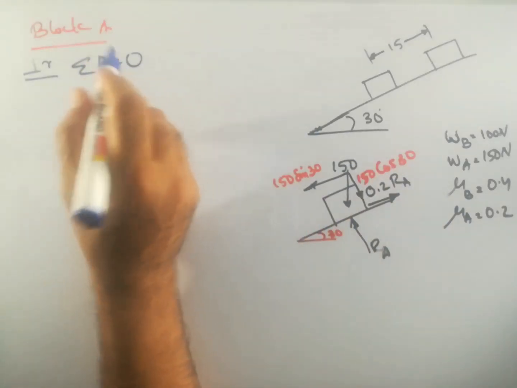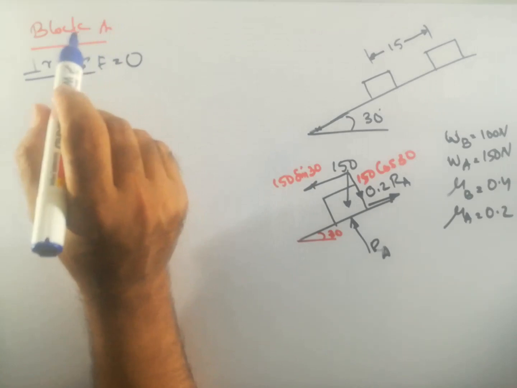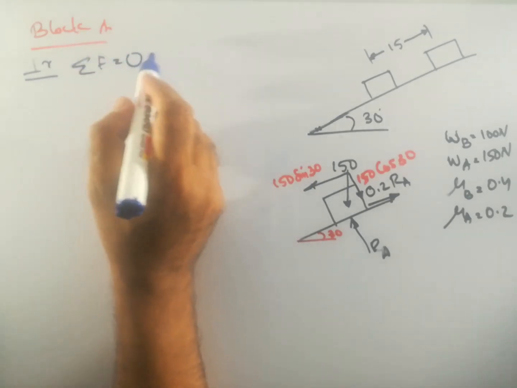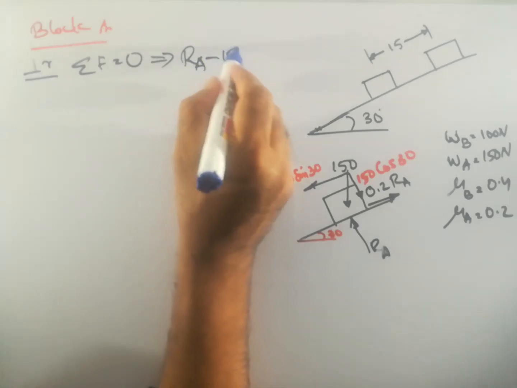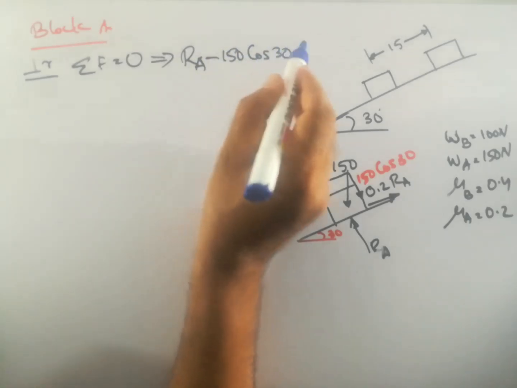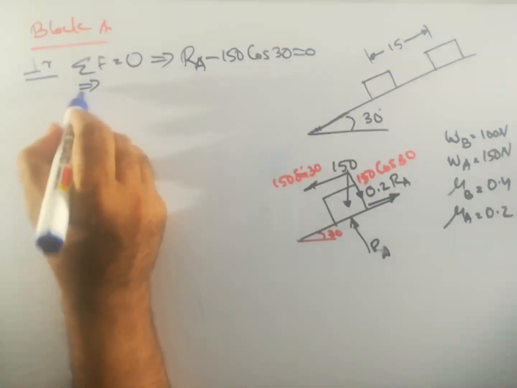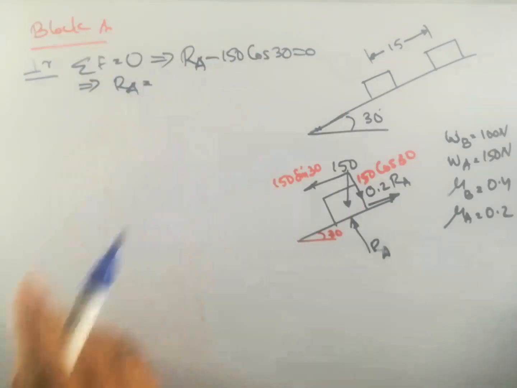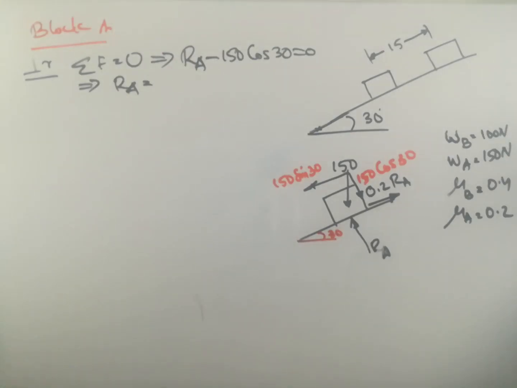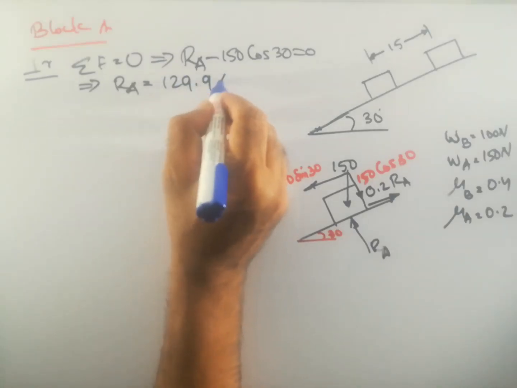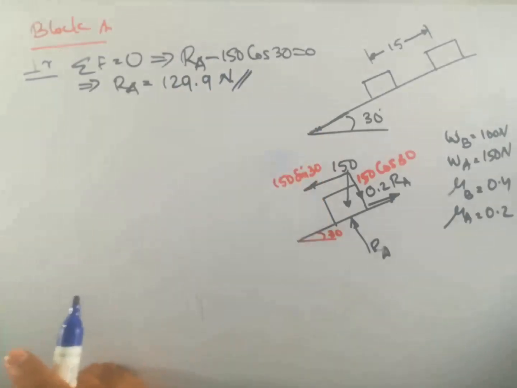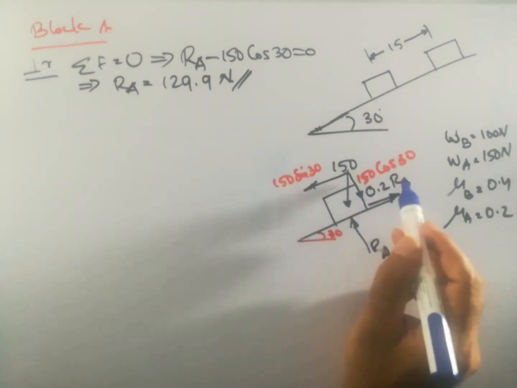So there is equilibrium, and we can apply the static equilibrium equation perpendicular to the plane. Sigma F is Ra minus 150 cos 30 equal to 0, which gives Ra equal to 150 cos 30, so it is 129.9 Newton. Ra is 129.9 Newton. Now we consider forces acting on body A parallel to the plane.